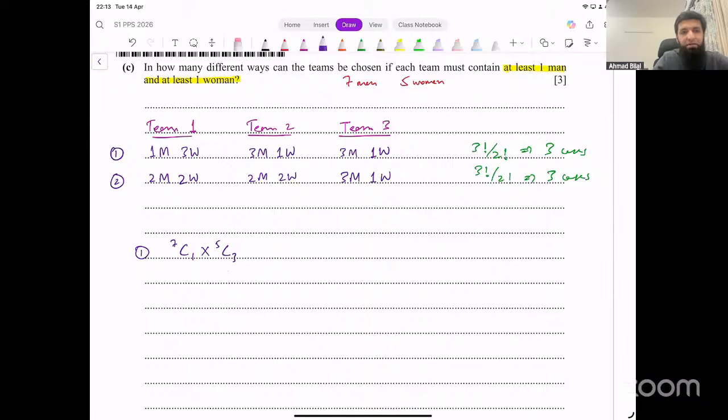Multiply this by, for team 2, 7C3, out of 7 men we want 3, and out of 5 women we want 1, 5C1. And then team 3, out of 7 men, again we want 3, and out of 5 women, we want 1. That's your first case. In how many ways can we arrange this? 3 factorial over 2 factorial. So we multiply this by 3 factorial over 2 factorial, and that will give you something.